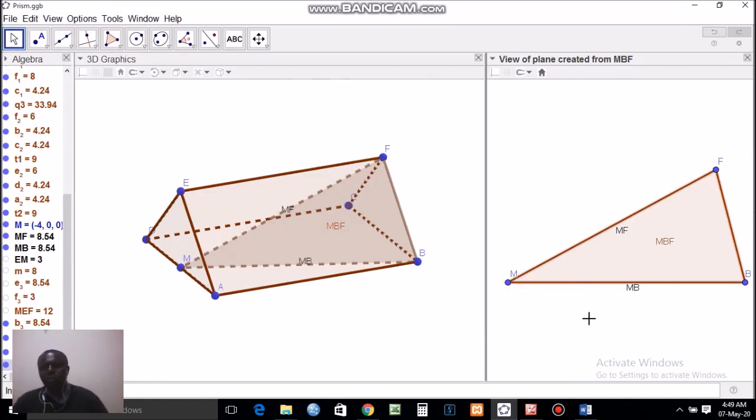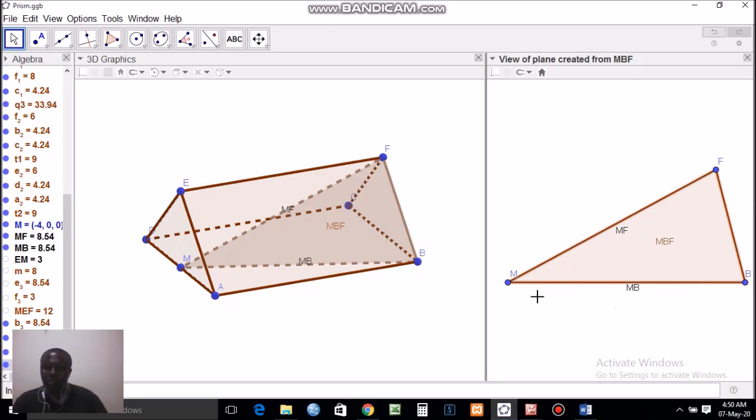In this triangle, you can study it and identify the angle between MB and MF. Which angle is that? The angle we are expected to calculate. It is angle FMB. The angle between MF and MB is angle FMB.